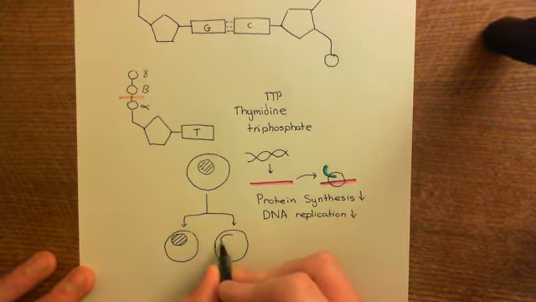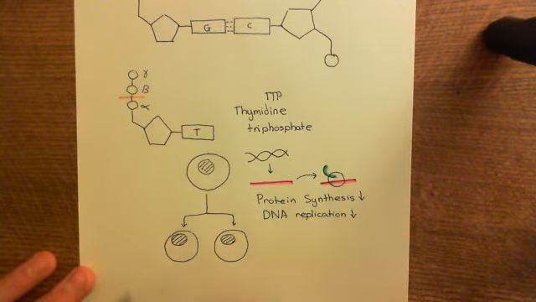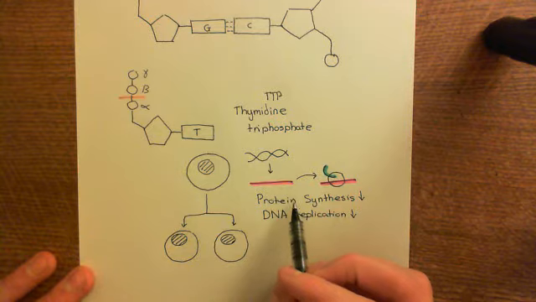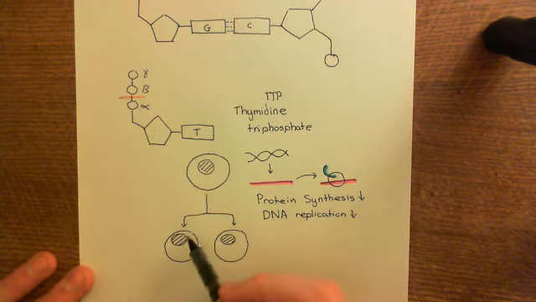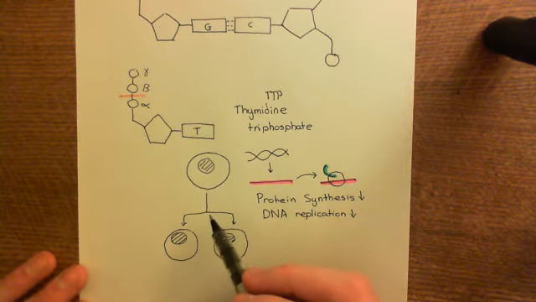You need to make double the amount, basically. Okay, because you now need to have enough protein for both of the daughter cells that you're going to produce when you divide. So, if you have blocked protein synthesis with this drug methotrexate, then it's not going to be able to produce new protein for the two daughter cells, so it's not going to be able to divide, basically.